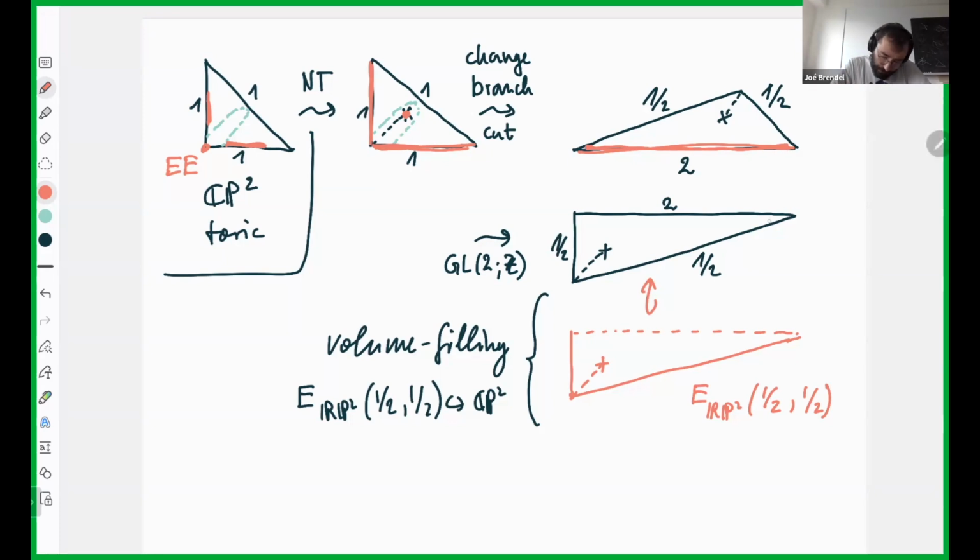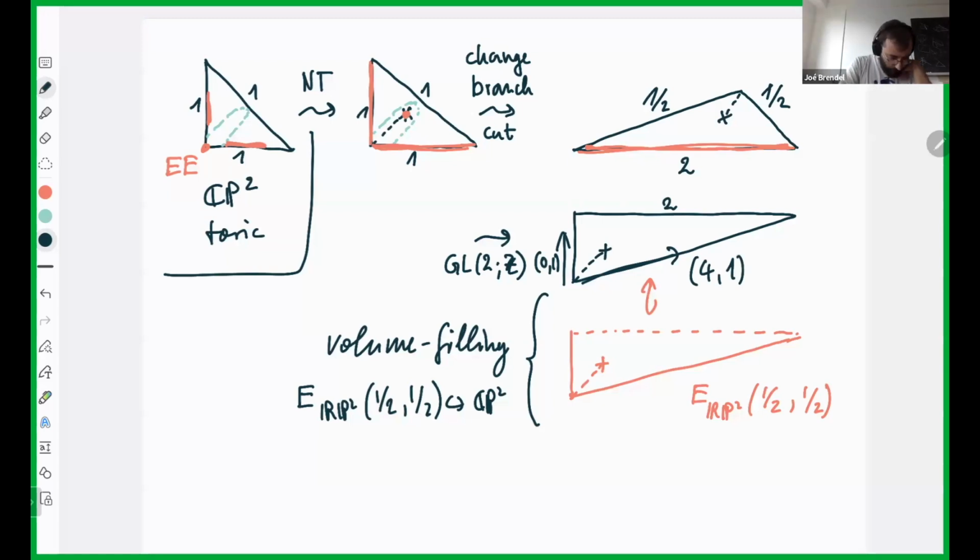And keeping track of the lengths, you can actually see that after a change of basis, you end up with the same kind of angle that we had seen before, namely 0, 1. And this is actually the direction 4, 1.